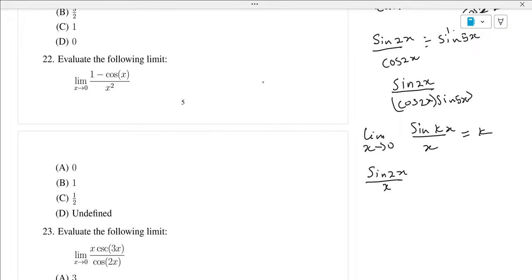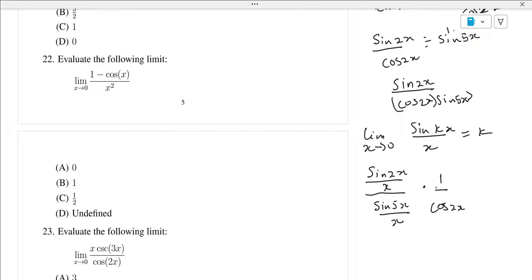We are dividing through everything by x. We have sine 2x over x, all over sine 5x over x, times our 1 over cos 2x.